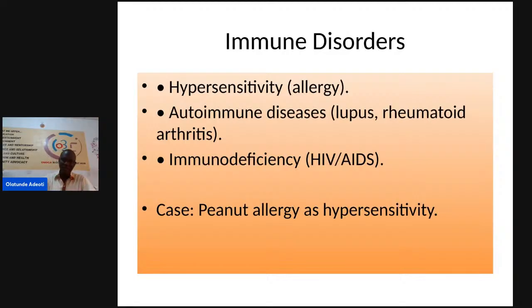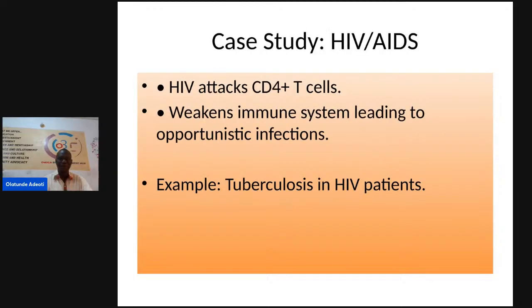Then another one is immunodeficiency. That is HIV/AIDS, which is part of the immunological disorders. We have a case study of HIV, where HIV attacks the CD4 T cells and weakens the immune system, which thereby opens the door for opportunistic infection. An example is tuberculosis in HIV patients.